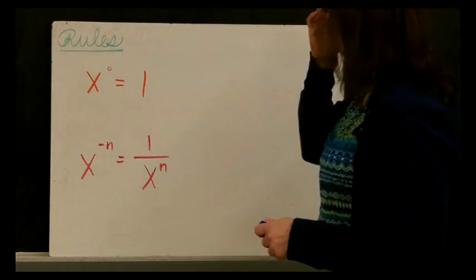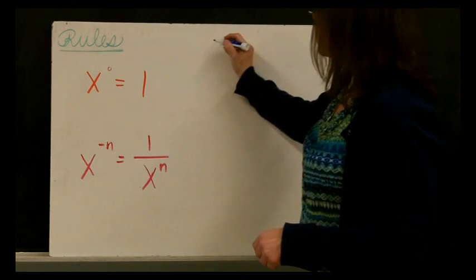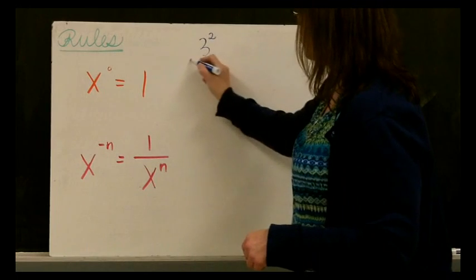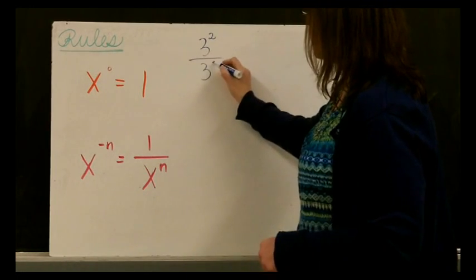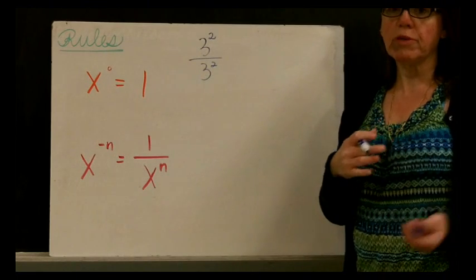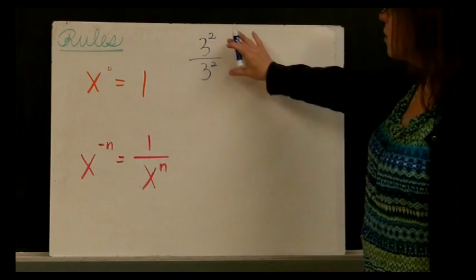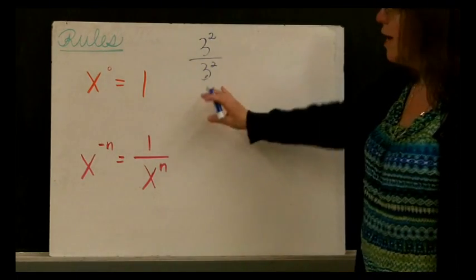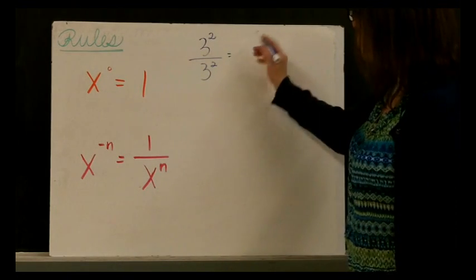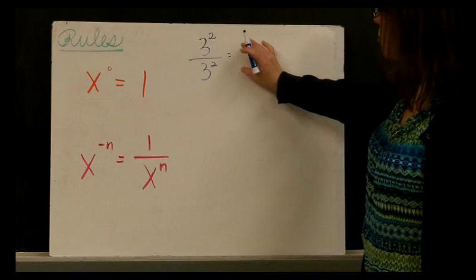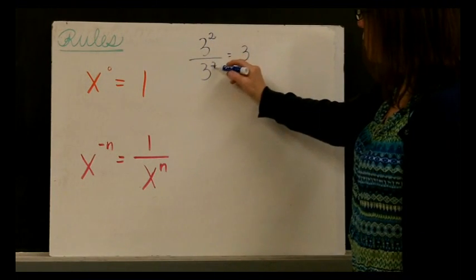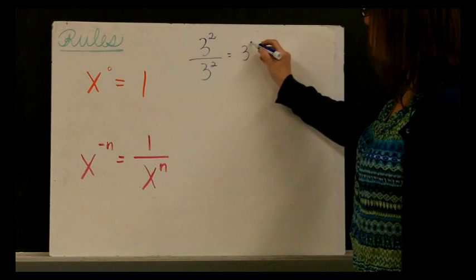If you remember, when we are dividing, let's just say we have 3 to the 2nd power divided by 3 to the 2nd power. And you know from the previous lesson that when you are dividing powers that have the same base, you keep the same base, and you have 2 minus 2, which is 0.